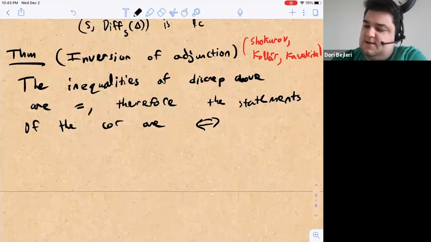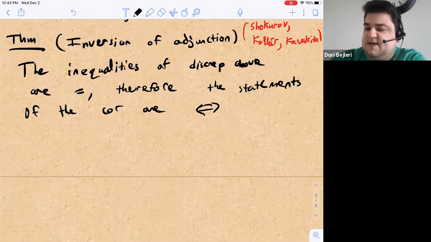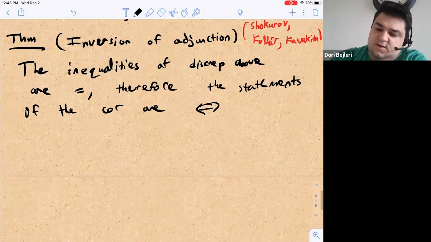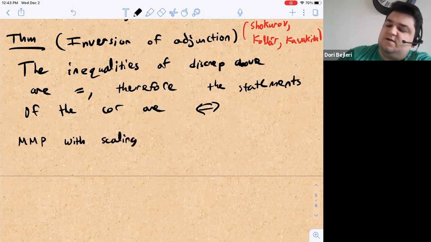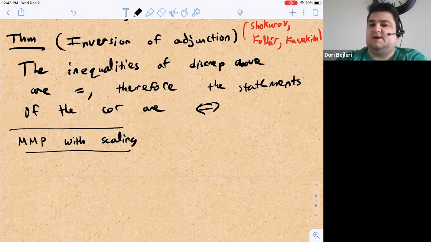Okay, so the next technical tool that's useful is this modified version of MMP called the MMP with scaling. Here's the basic idea.